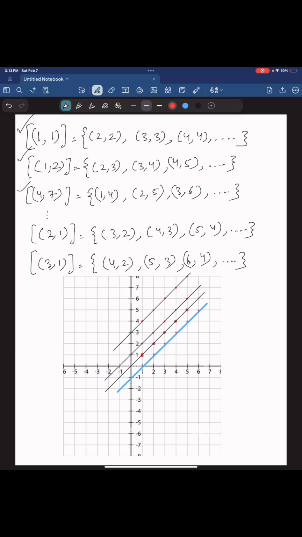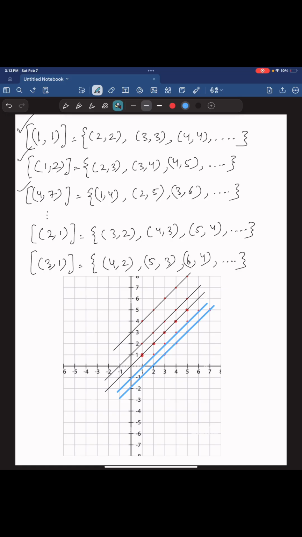Let's plot 4 comma 2. So this is somewhere here, 5 comma 3, this, and this. And let's join these. So this would look something like this.